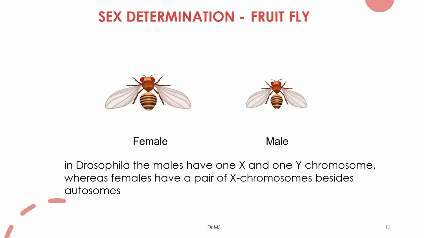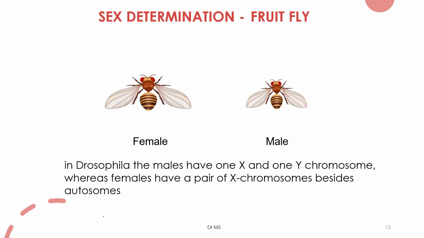Next one is sex determination in fruit flies. Actually, in Drosophila, here I deleted whatever is given in the NCERT. In Drosophila, the males have one X and one Y chromosome, whereas females have a pair of X chromosomes besides autosomes.